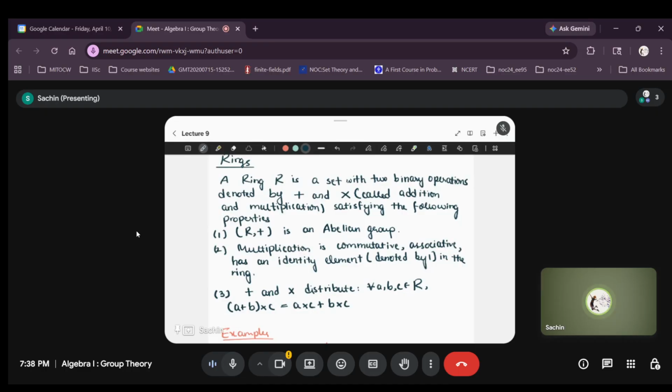I listed only three, right? They'll include closure as the first property, maybe. But what we have done, as is done in many textbooks, is we have defined a binary operation to be a closed operation from ordered pairs to the set, that is from R cross R to R. And in the definition of binary operation itself, we have said that it has to be closed.